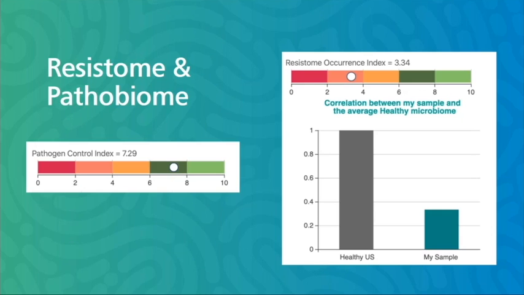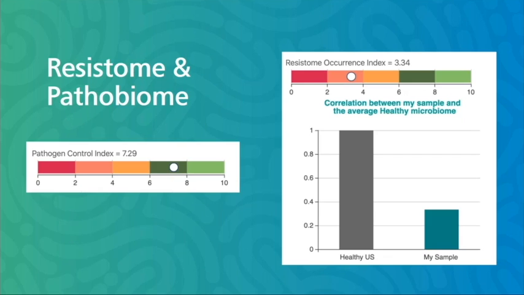So how well are the good bacteria actually controlling these pathogenic bacteria? And so this is a score that gives you an idea of that, the pathogen control index. And so it can be very helpful. If you're in the red zone, 0 to 2, you have an idea that there's something bad going on there, as opposed to being towards the green side, where you know that you may have some pathogens, but the microbiome is doing a good job of keeping control over them.